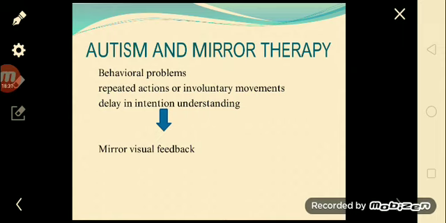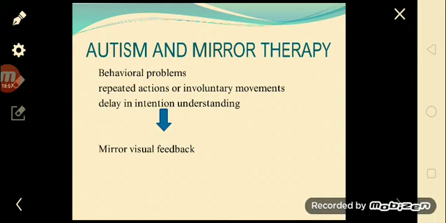Autism. In autism, there are behavioral problems in children. There is a lack of intention understanding. That means what action we are performing now and why. So this type of understanding is not present in the autism patients.